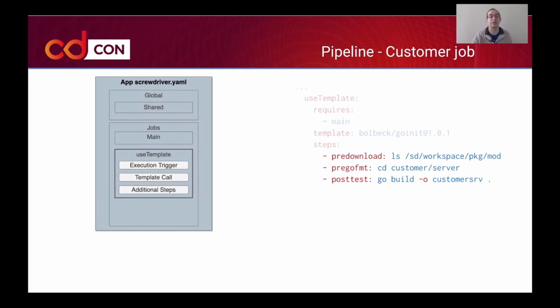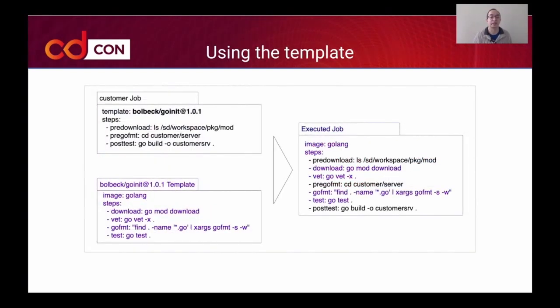And how does that work? Well, basically, we're going to take the steps that we defined in our customer job and the steps we defined in our template, and it's going to put them together. Now, notice that it's put them in a specific order, and that's because of the pre and post portion of the name of our additional steps.